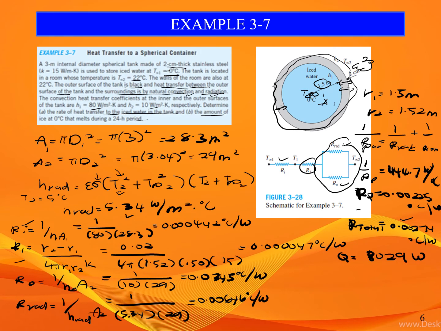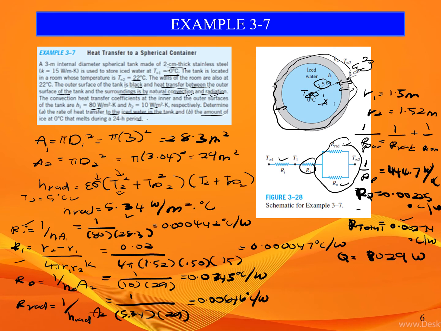Okay, we can also say that the total heat transfer is 8,029 kilojoule per second. Okay, remember just now we assumed this H rad. We need to confirm whether the H rad that we assumed at 5 degrees Celsius is correct or not.